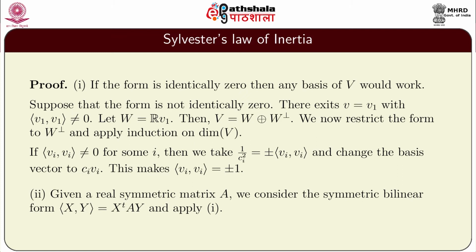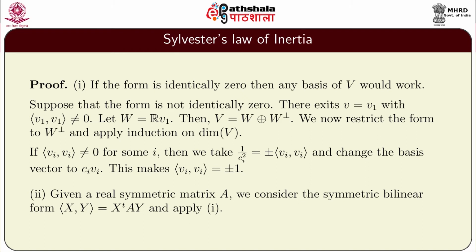If the inner product of Vi with itself is positive, then we take 1 over Ci square equal to that inner product, and if it is negative, then we take the negative of the inner product to be 1 over Ci square. If we change the basis vector to Ci Vi, then we get the inner product of Vi with itself equal to plus or minus 1. And that fulfills our requirement.